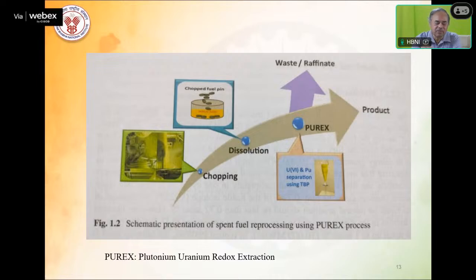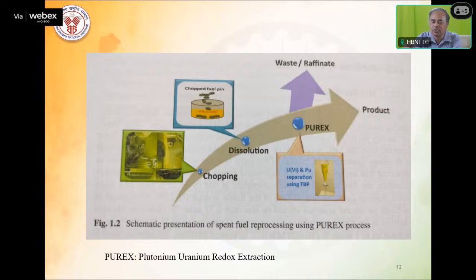So that is taken up for chopping, chopped into small pieces. Then it is dissolved in nitric acid. Then through a solvent extraction process, first the uranium and then plutonium are removed from the process liquids, and basically we use TBP there.